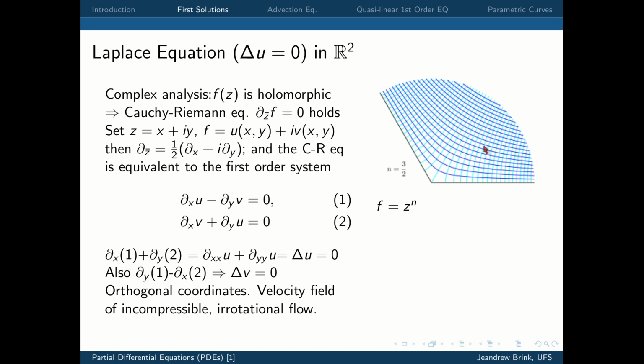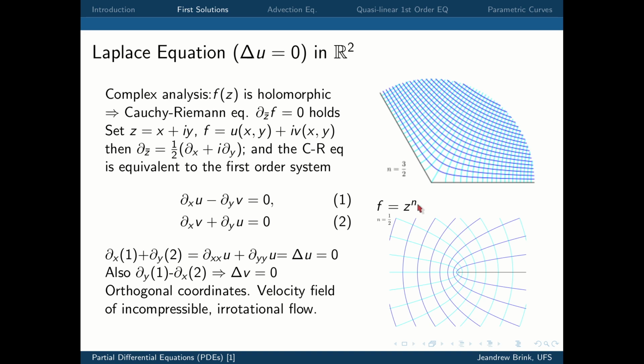If you wanted to solve Laplace's equation on a domain like this, you would get an exact analytic solution that you could work with, and the lines will always be orthogonal to each other. Another example: if n is equal to a half, then the real and imaginary parts would be a bunch of parabolas that also always intersect at 90 degrees.